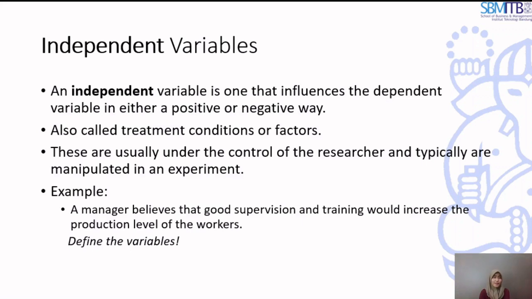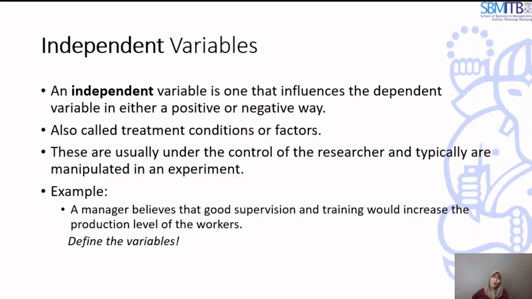Let's take an example. A manager believes that good supervision and training would increase the production level of the workers. Define the variables. Okay, before we identify the independent variable, it is easier for us to firstly identify the dependent variable that becomes the concern of the researcher.